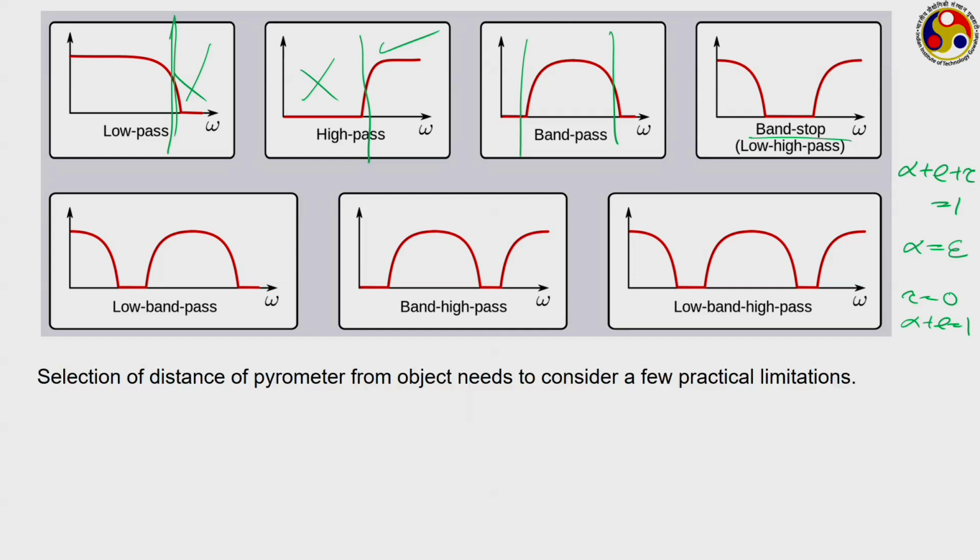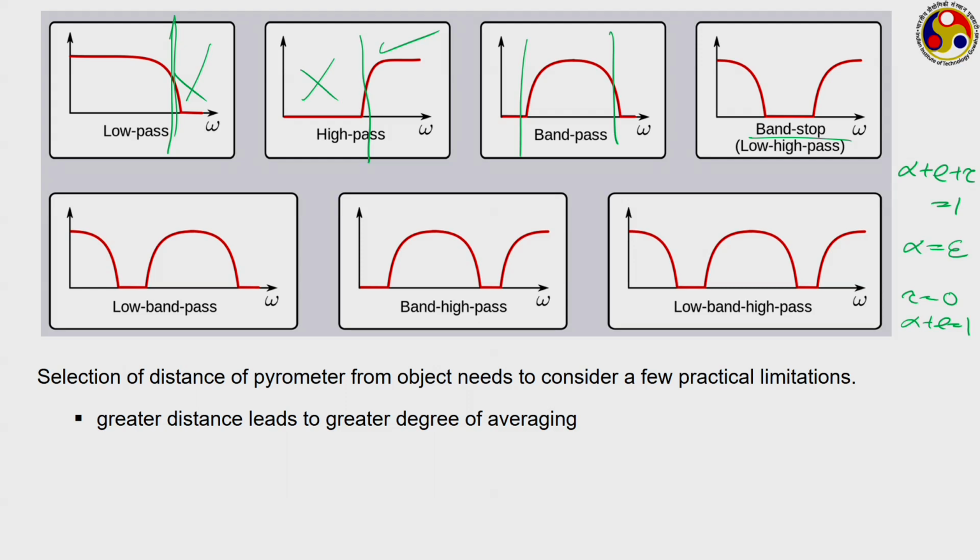Now, the selection of the pyrometer, or I should say the selection of the distance of the pyrometer from the object, needs to consider a few practical limitations. We know that pyrometers can give you remote temperature sensing, because as we are sensing radiation, theoretically speaking, the radiation coming from the source and falling on your sensor is independent of, or not changed by, the medium in between.